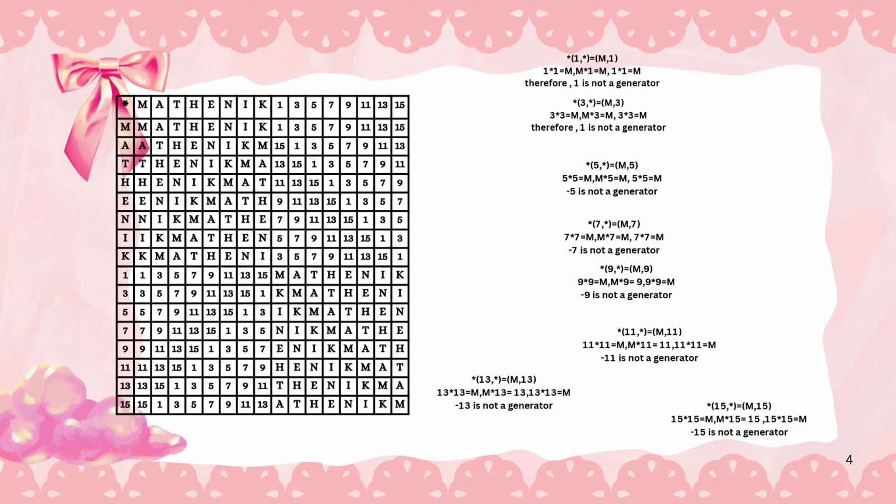Then let's proceed to 7, operating it by itself. 7 operates 7 is equal to M. Then M operates 7 is equal to 7.